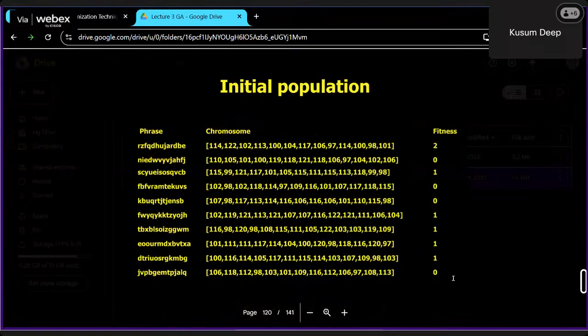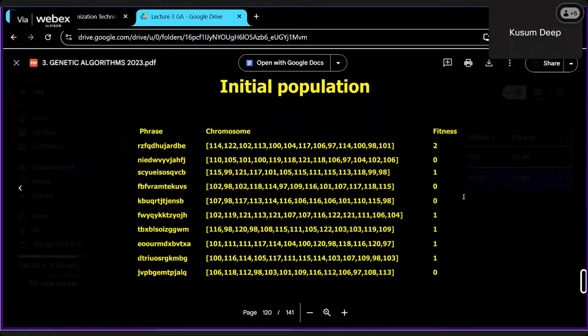So here is the initial population. I have generated a population of 10 chromosomes, and in the last column I have written the fitness, that is, how many places are matching with the given chromosome. So to be or not to be was encoded in the right manner, and we find that only 2 places are matching.